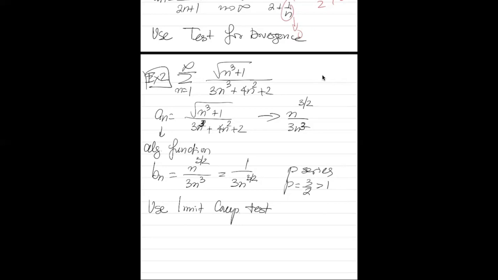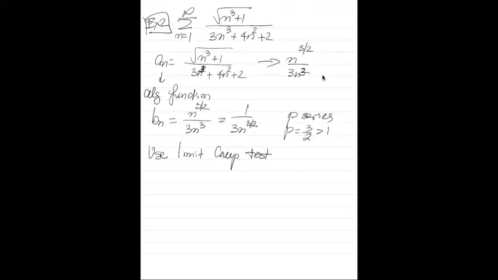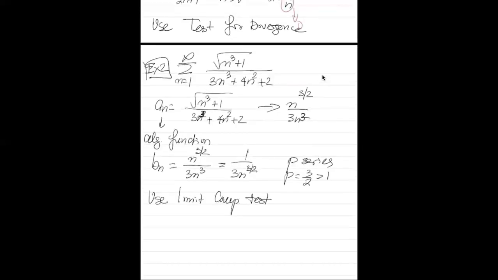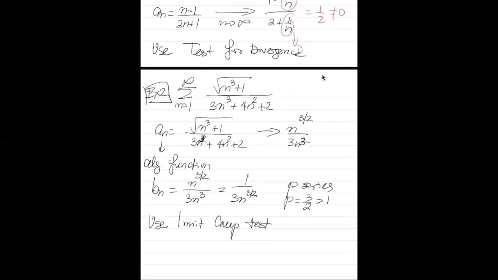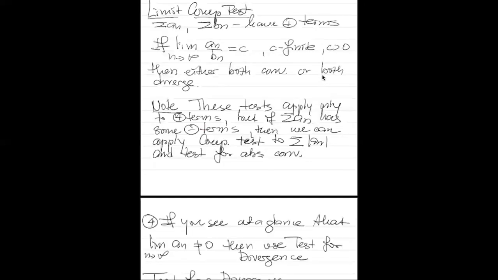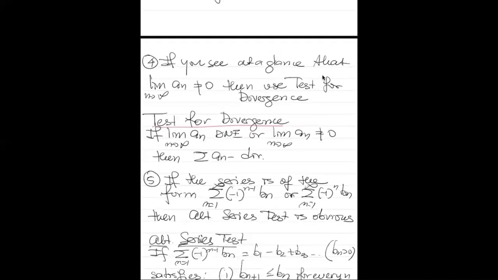Let's go back to the limit comparison test and see it here. You have two terms, a sub n and b sub n. If you get a number c that's finite, a positive finite number, then they both are either convergent or both divergent.